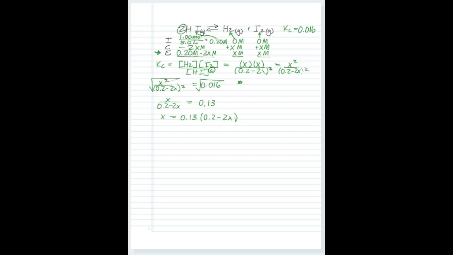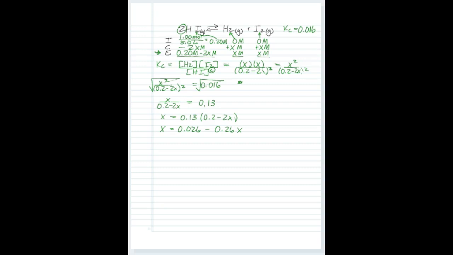If I multiply 0.13 by 0.2, I'm going to get 0.026. And then I'm going to multiply 0.13 by 2, and that's going to be 0.26X. Okay, so that's what I've got so far.